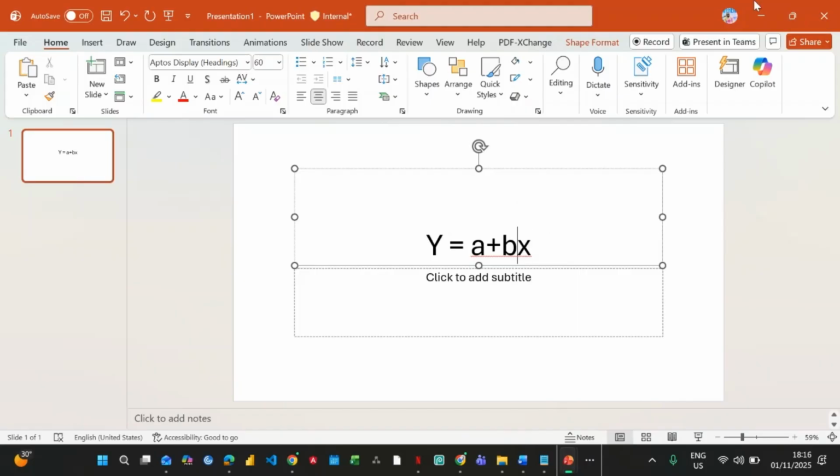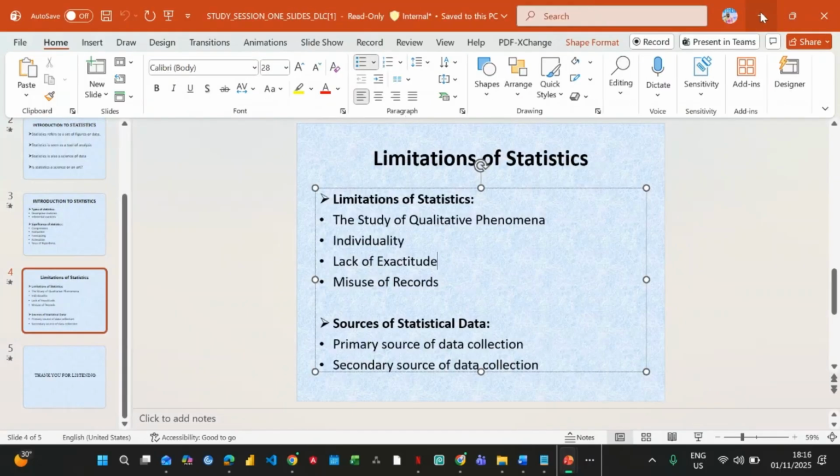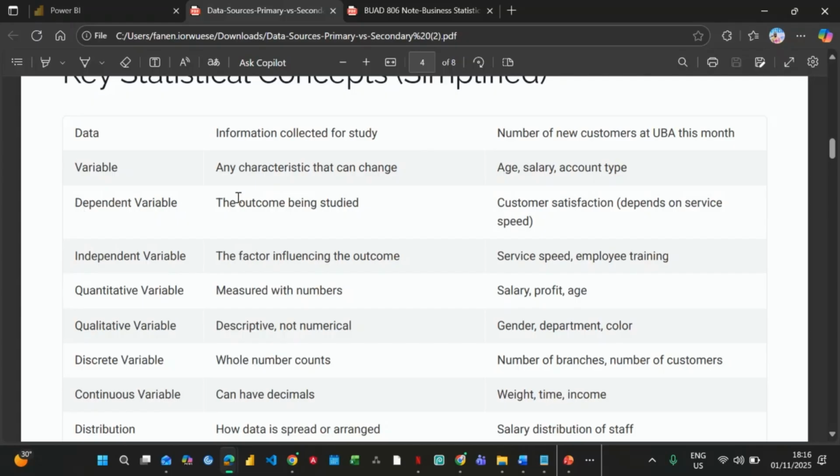So we have dependent variables, which are the outcome being studied, just like customer satisfaction depending on service speed. You get? So we have the independent variable, which is x, the factor influencing the outcome.